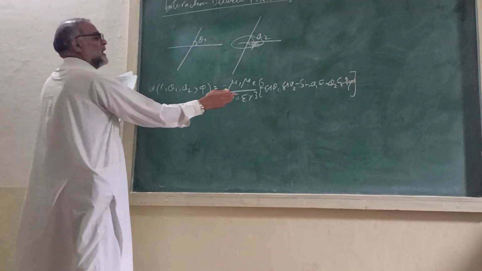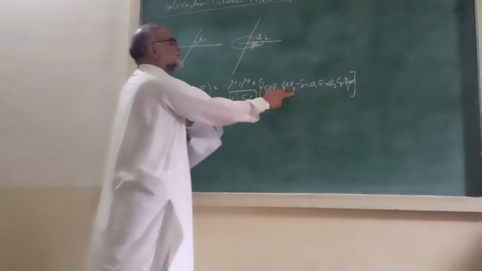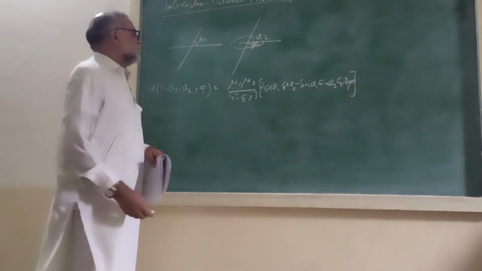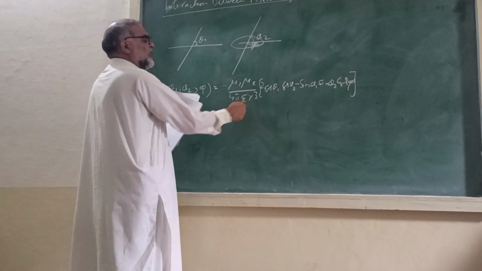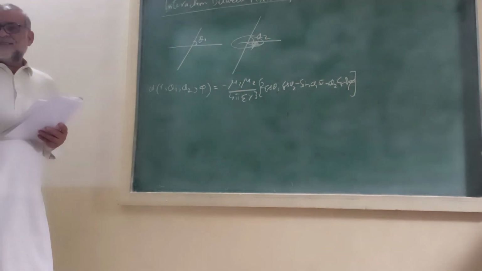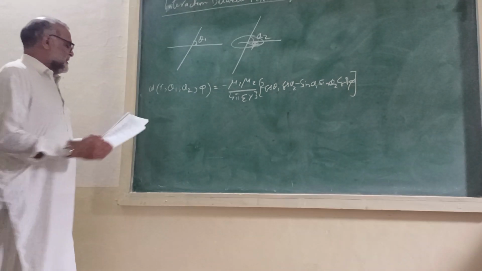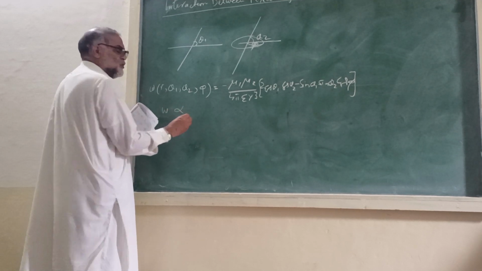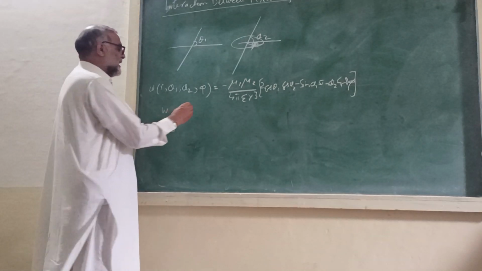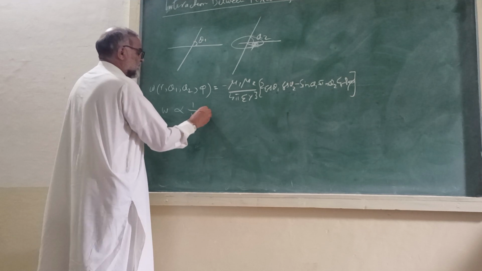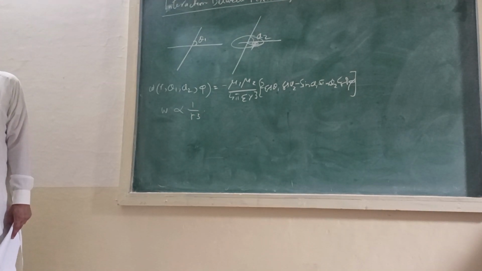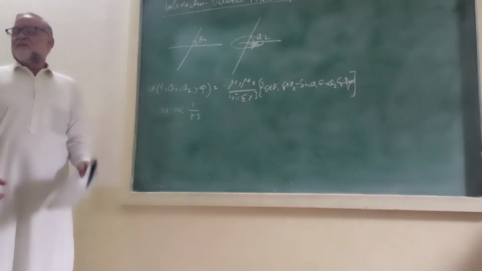So from here I see that if this is fixed, this is fixed, this whole thing is constant, right? And R is the separation. So I can see that the energy between two fixed dipoles varies as 1 over R cubed.